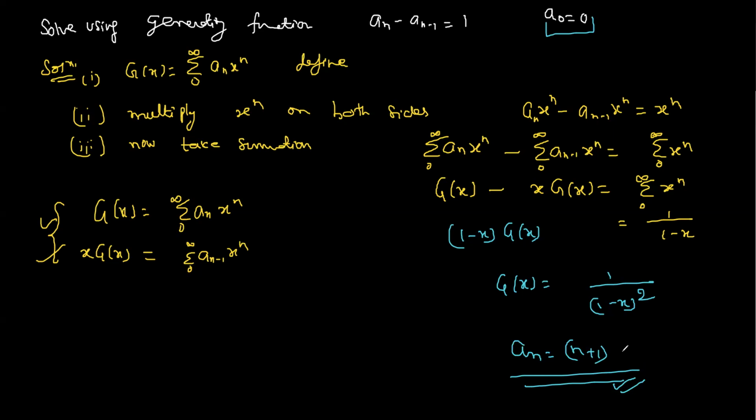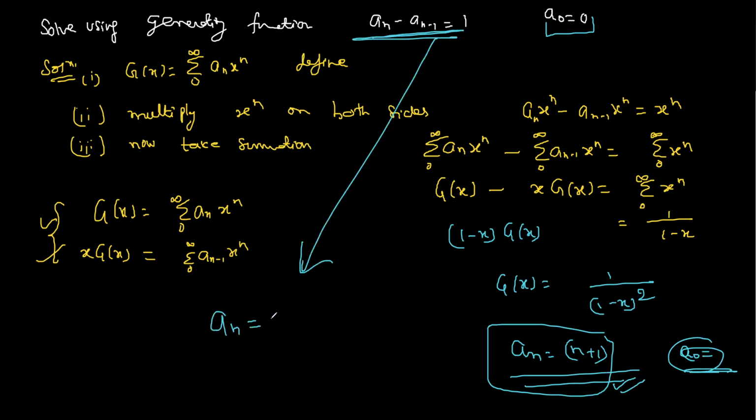So n plus 1. a_n will be n plus 1 if a0 is given, because you can see here a_n is 1 plus a_(n minus 1). a0 is 0, then a1 will be 0 plus 1, right? a2 will be 1 plus 1. a3 will be 2 plus 1. Understood?